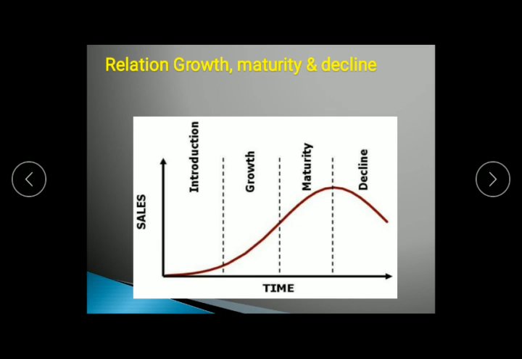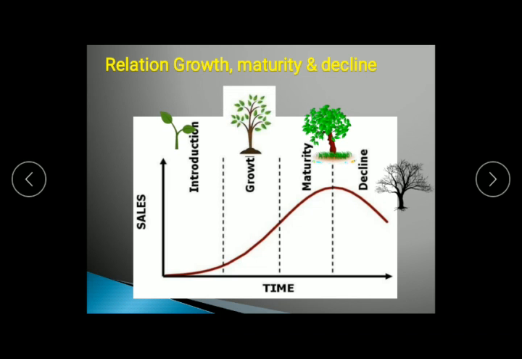So the product life curve depends on every product, how the product is utilized and what the purpose of the product is. Now consider a simple example available in nature. The product starts from the seed of the plant, then this is the introduction, then the plant is growing.